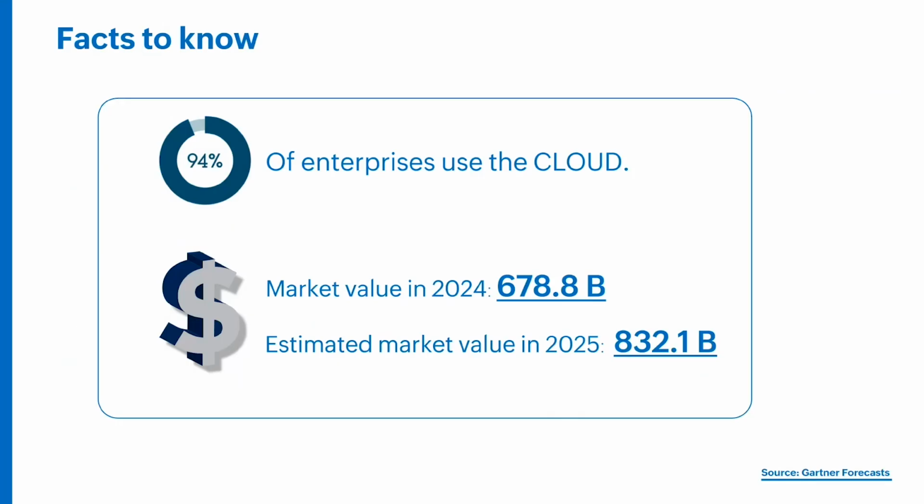In recent days, we can see technologies booming day by day, and we are starting to adopt new technologies. As per the Gartner forecast report, 94% of enterprise users have started adopting cloud technologies. As per the current market value, $678 billion has been invested in cloud, and the estimated value in 2025 is around $832 billion.